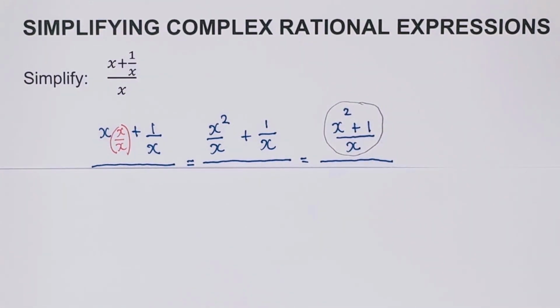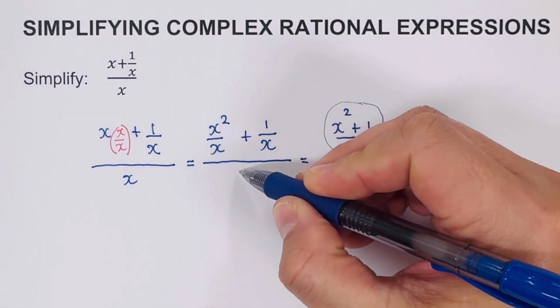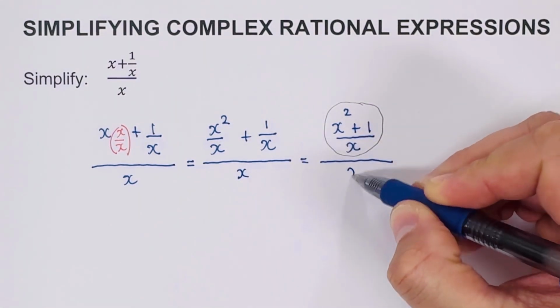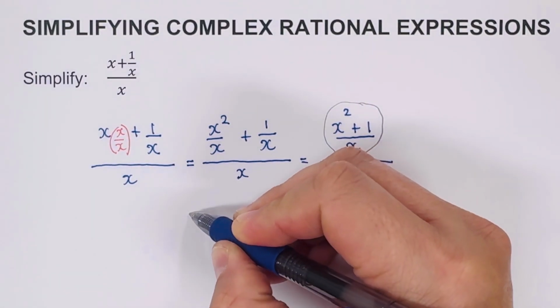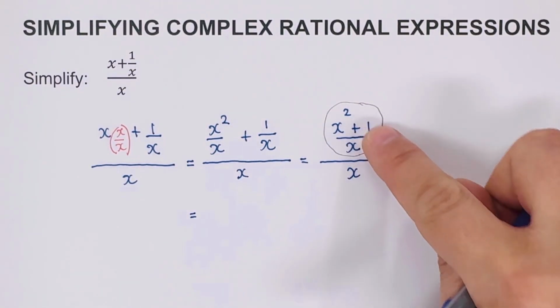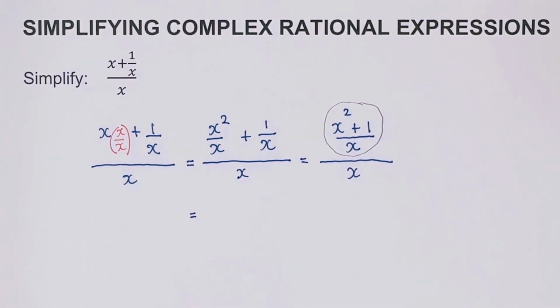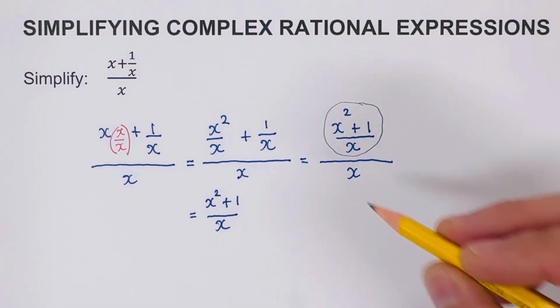Now let's go over the denominator. In the denominator, we don't have to do a lot of work because it's just equal to x. From here, we can go ahead and simplify. Since this is division, we are going to copy the numerator first. When we divide a complex rational expression, we remember that we're supposed to flip the denominator and multiply them across.